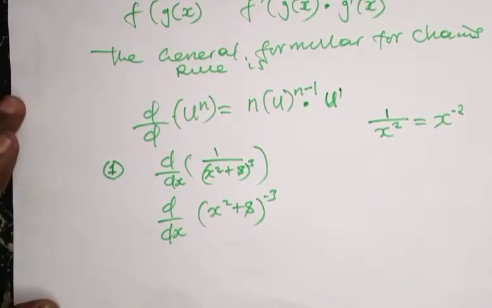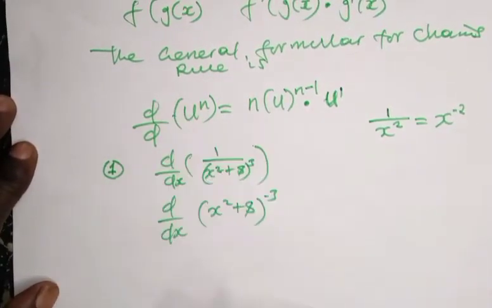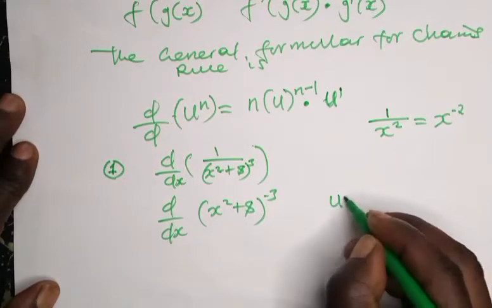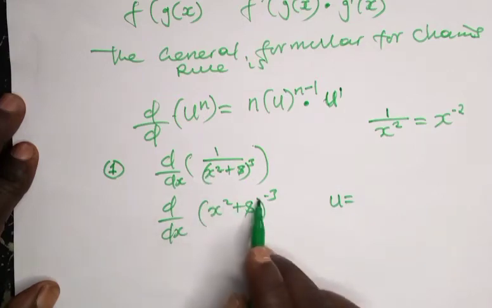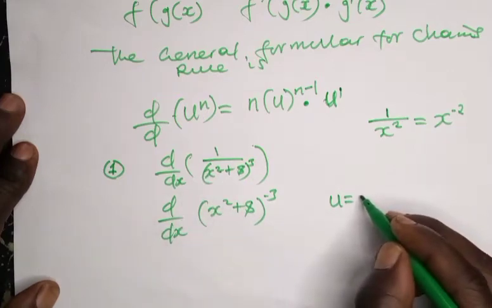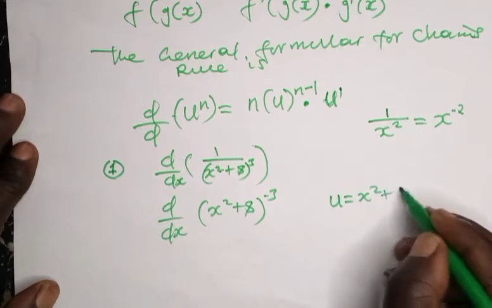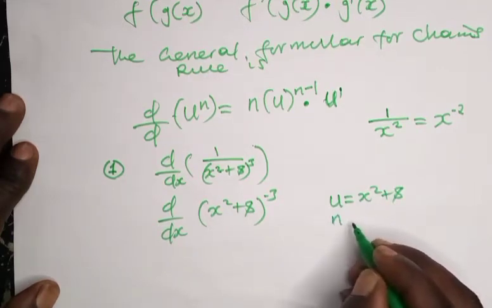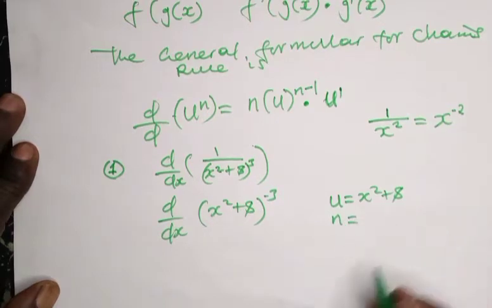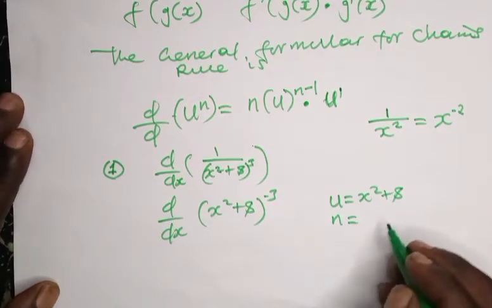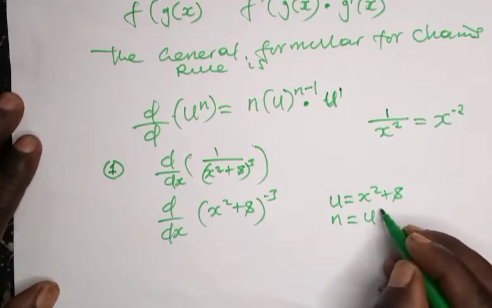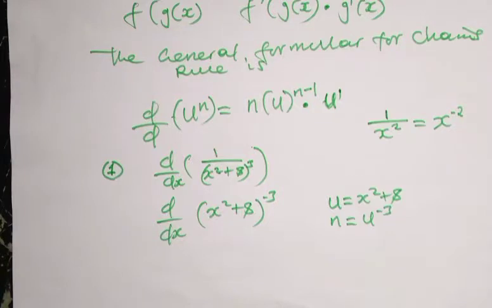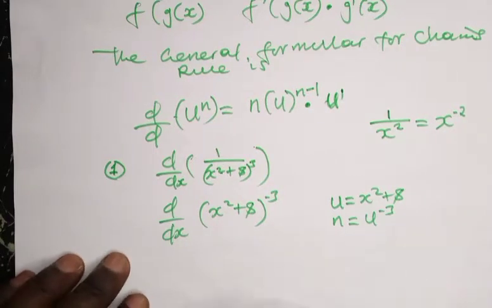Then now let's use this formula. Let u equal this function, x squared plus 8. Then for y, it will be u power minus 3. So now let's differentiate.